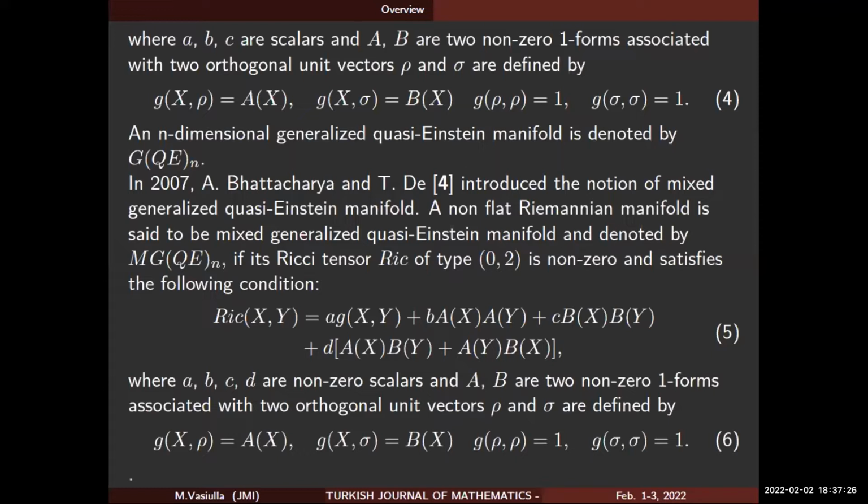A. Bhattacharya and others in 2007 introduced the notion of mixed generalized quasi-Einstein manifold. A non-flat Riemannian manifold is said to be a mixed generalized quasi-Einstein manifold, denoted by MQEN, if its Ricci tensor Ric of type (0,2) is non-zero and satisfies the following condition, which is given by (5), where A, B, C, D are non-zero scalars and A, B are non-zero one-forms, which are defined by (6).